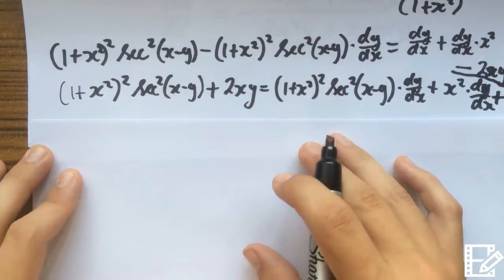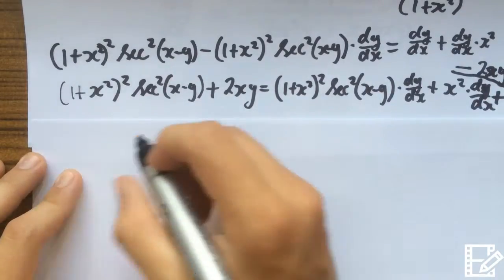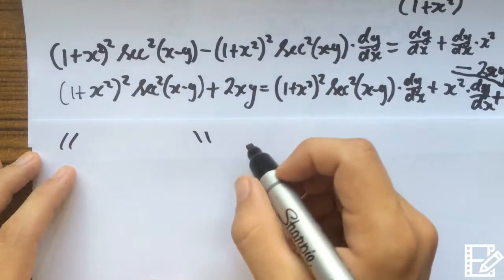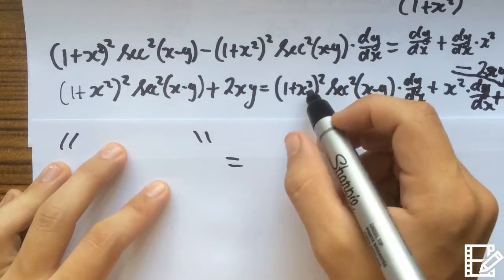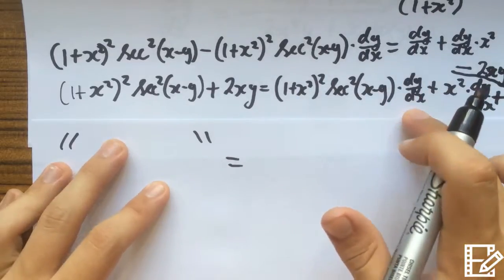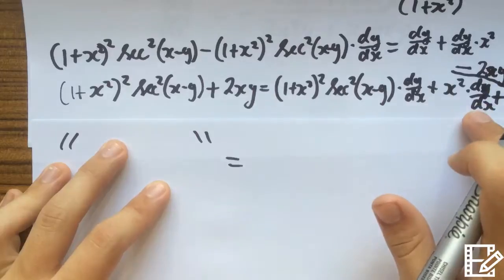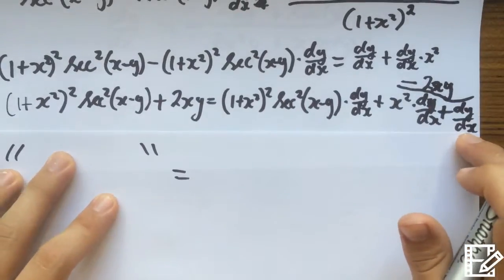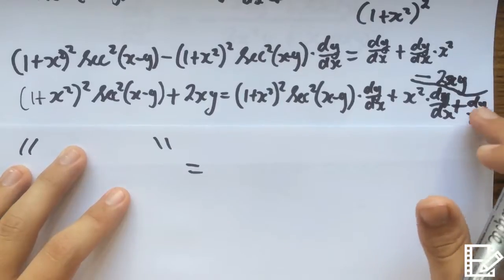Okay, now I'm not going to bother writing this side out, I'm just going to use these quotation marks. Now that will equal, we have a dy dx multiplied to this, a dy dx multiplied to x squared, and a dy dx multiplied to, well, it's multiplied to 1 because it's there.